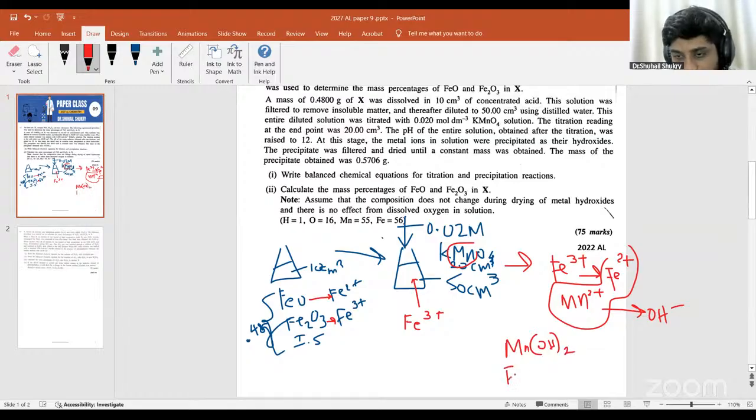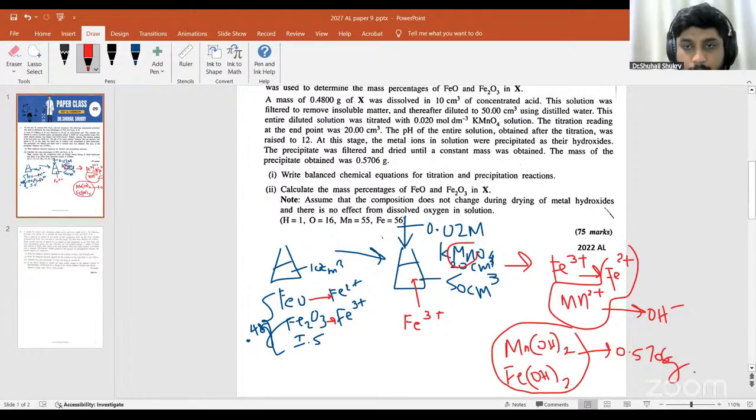You will get Mn(OH)2 and Fe(OH)2. You get these two things, and these two get precipitated. When you take this precipitate's mass, that is only 0.5706 grams.